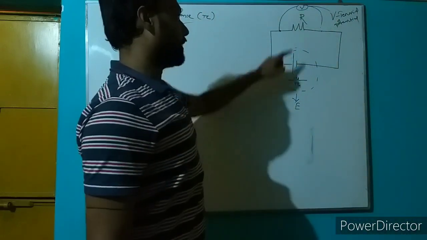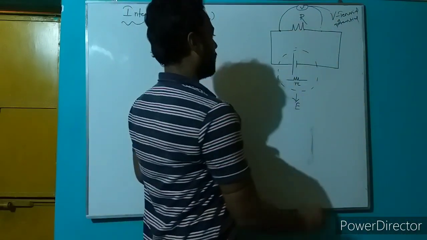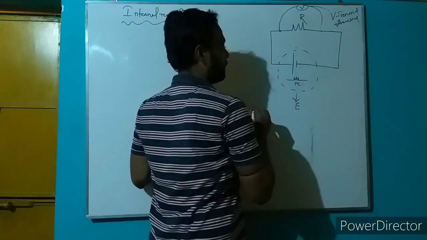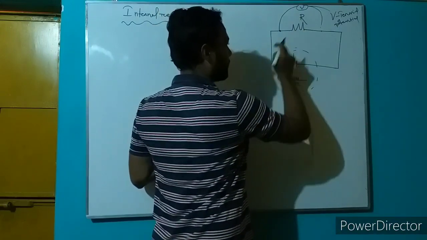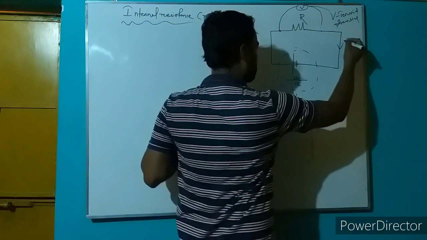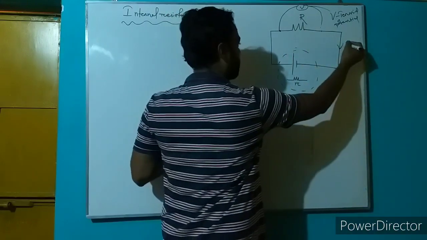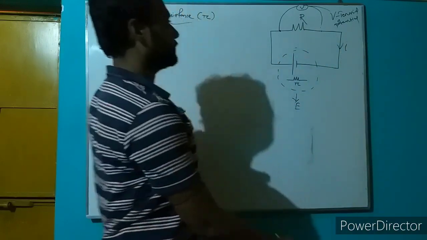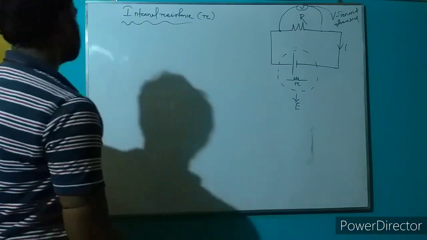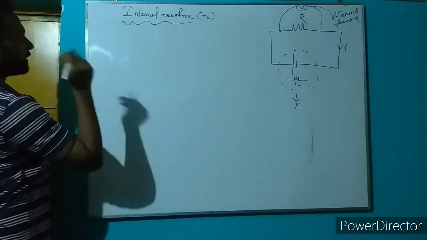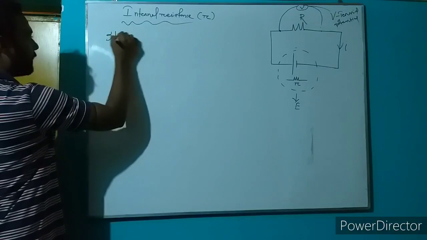Because the cell is connected to an external resistance, a current is drawn in the circuit, and that current is given as I.